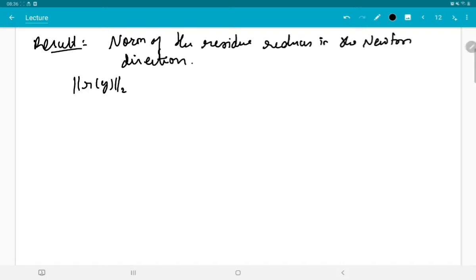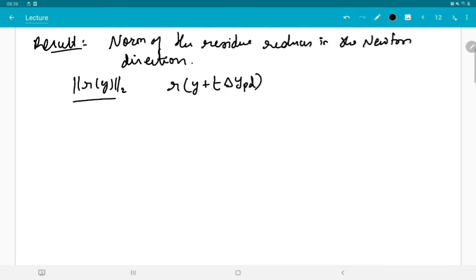So consider the previous residue to be r(y), and the new residue after taking the Newton step let it be r of y plus t delta y_pd.